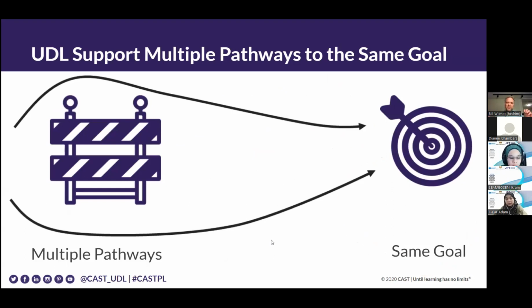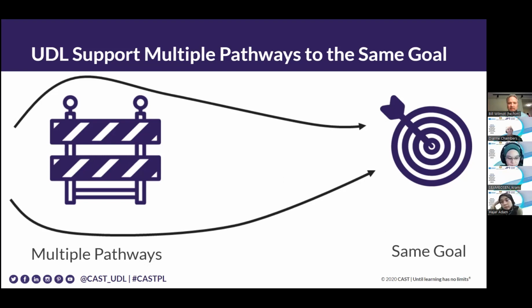Really, UDL supports multiple pathways to the same goal. So being very clear about what your goal is, and we see that target on the screen where we're zooming in on a very clear goal that we want students to know, skills that we want them to develop, competencies that we want them to really live out.